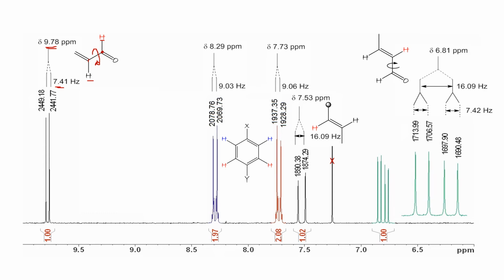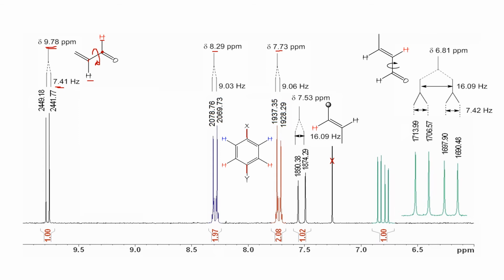Here we have 2 sets of doublets at 7.73 and 8.29, as we mentioned, that belong to the AA prime XX prime disubstituted benzene system.